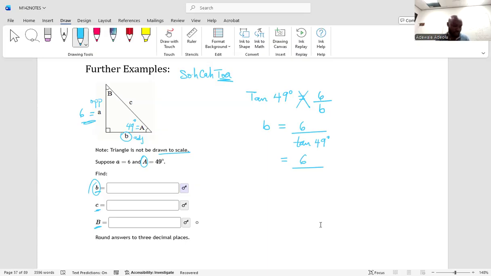So in this case, let me take it. I have degrees there, so I need to work in degrees. Tangent of 49 is 1.1503. Now, on an exam where you do not have a calculator, if you leave your answer this way, it is fine.